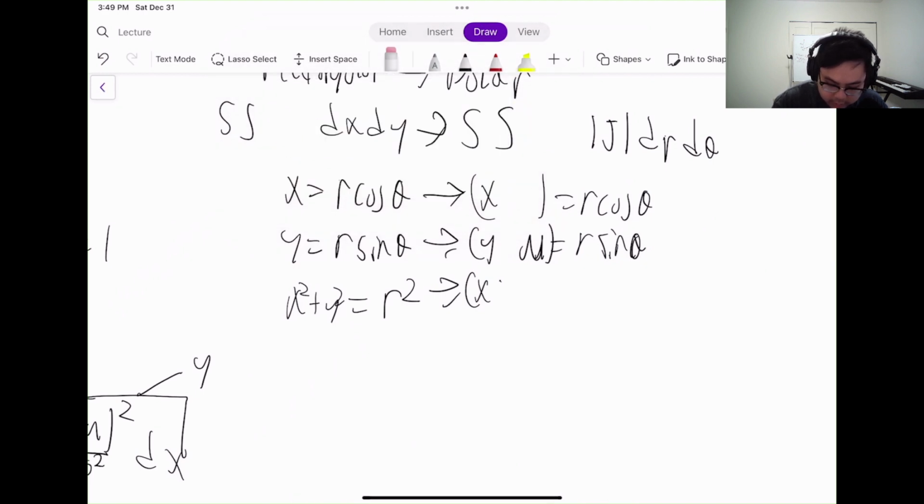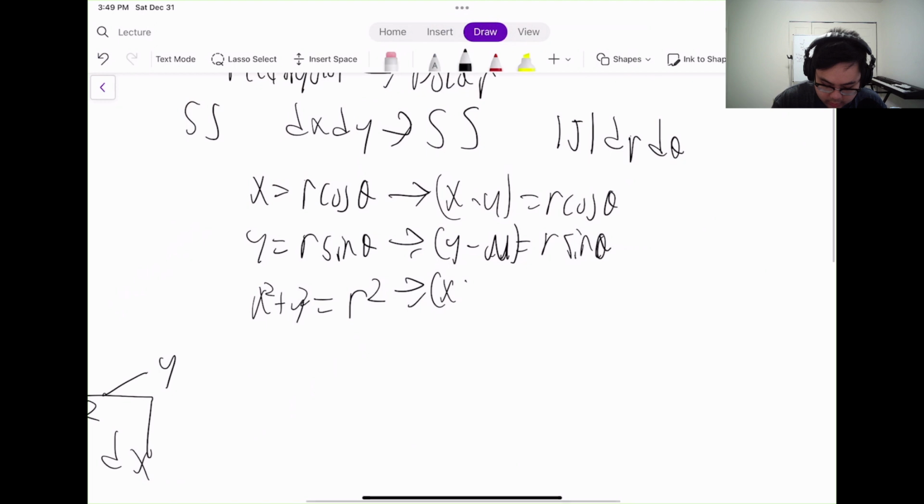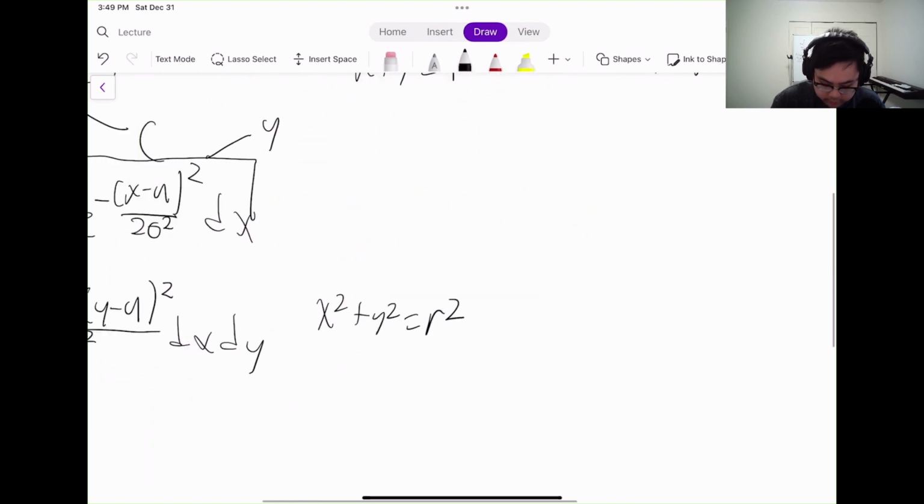Doesn't change anything, though. X minus mu. All right, and then x minus mu squared plus y minus mu squared equals r squared, right?